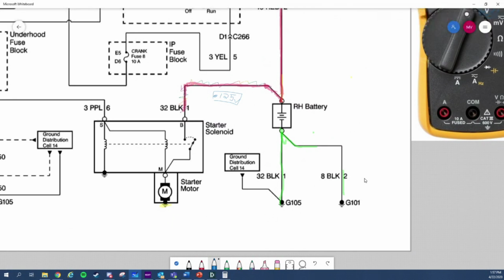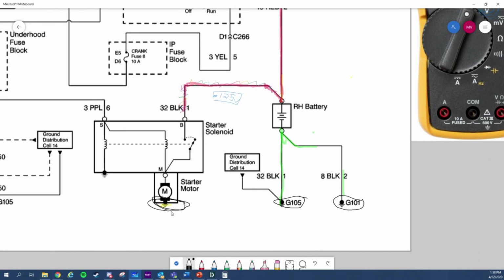For which one? The 32 black one. Personally, it's going to be 1, because it's connected to a splice with the ground distribution cell. So you have a ground at G105 and a ground at G101.